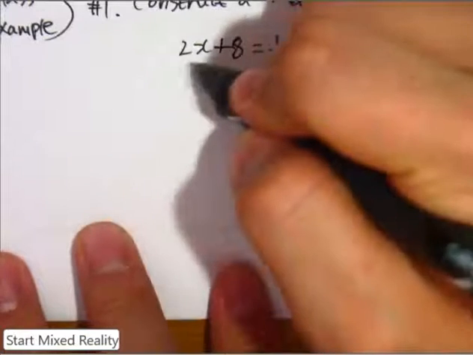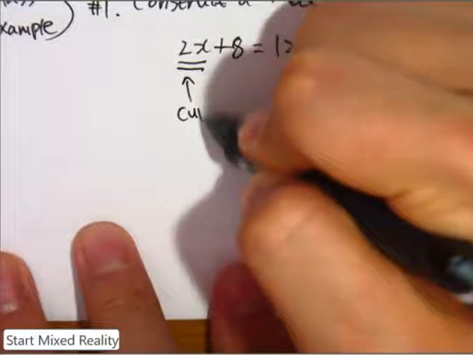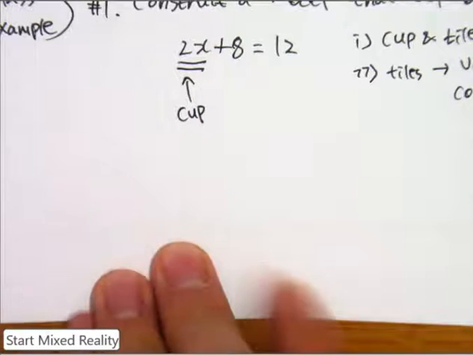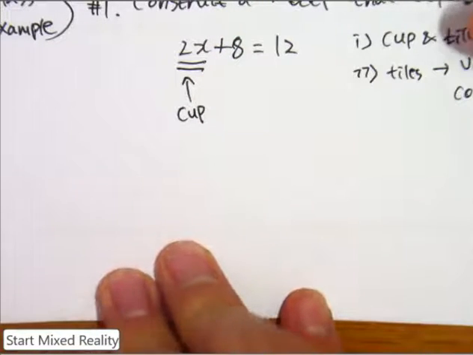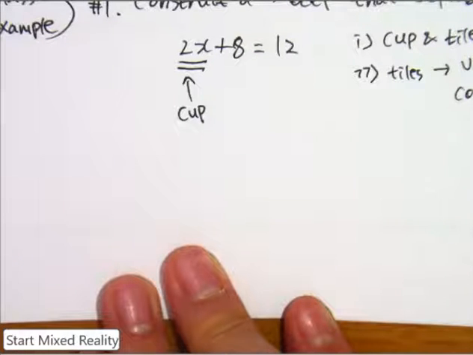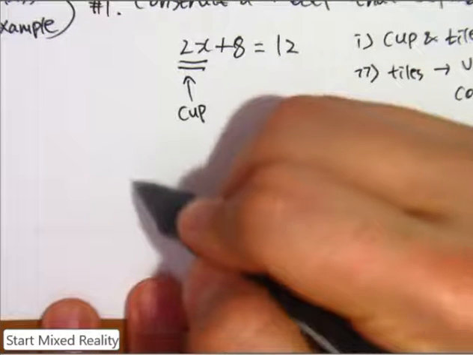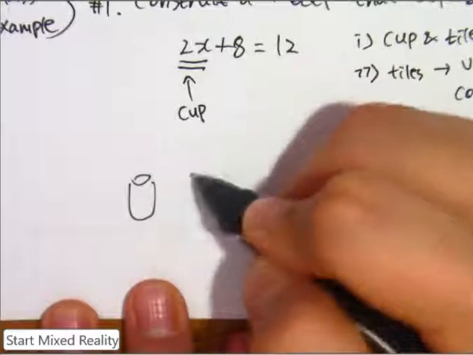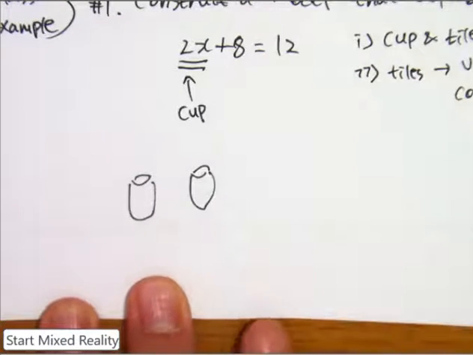Let's do cups and tiles first. Always remember, whatever the numerical coefficient and variable, those terms represent cups. So that's a fancy way of saying we have to draw two cups.